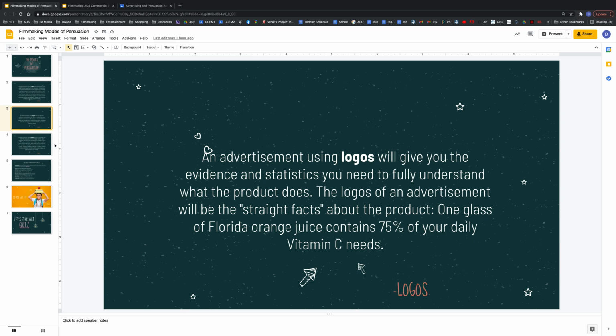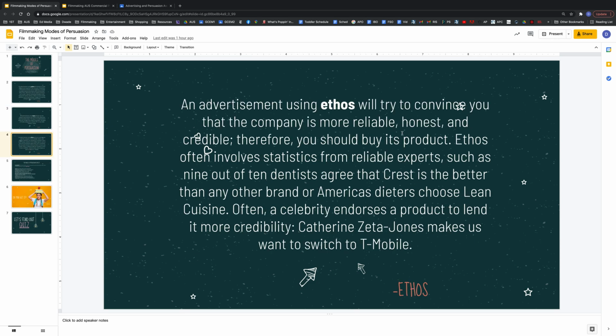Lastly is ethos, in which we basically put an emphasis on the credibility of the speaker. Oftentimes this manifests itself in some form of authority. For instance, a doctor wearing a doctor's outfit saying that I'm a doctor, blah, blah, blah.